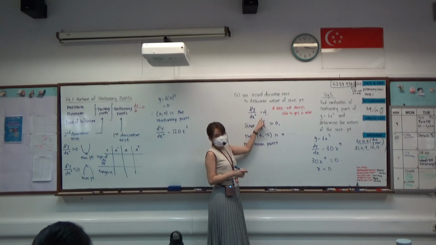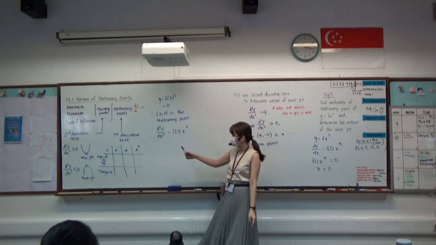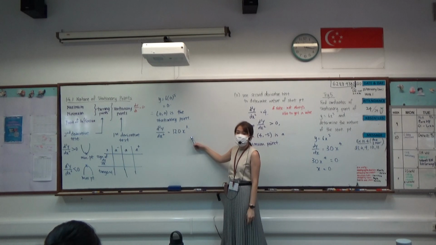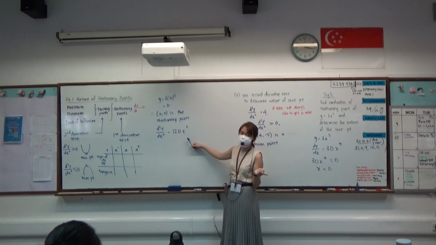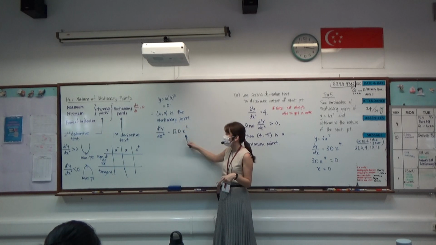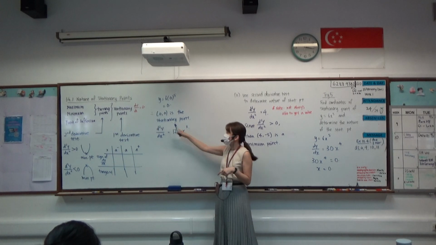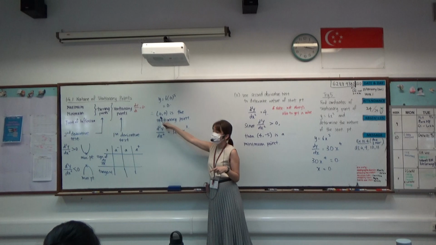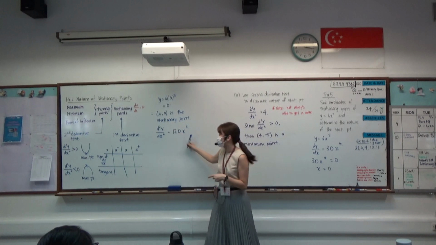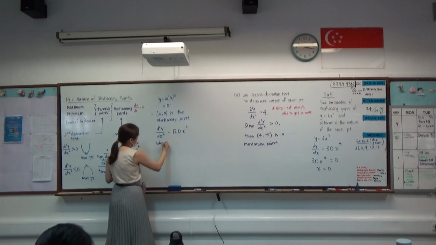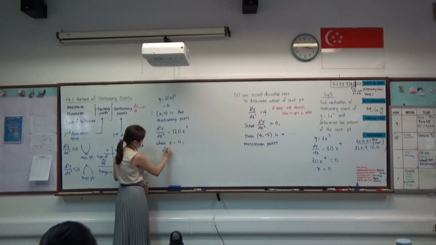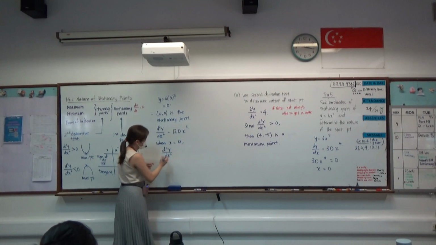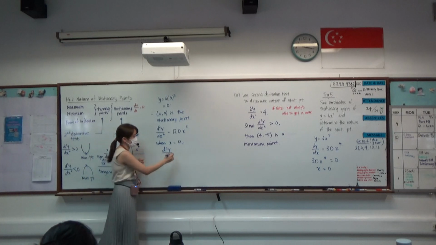Try 4 we got a number, try 5 we got an expression. Since we are trying to investigate what the second derivative is at the stationary point itself, we use the value x equals 0, substitute inside here. So when x equals 0, our second derivative will be equal to 0.